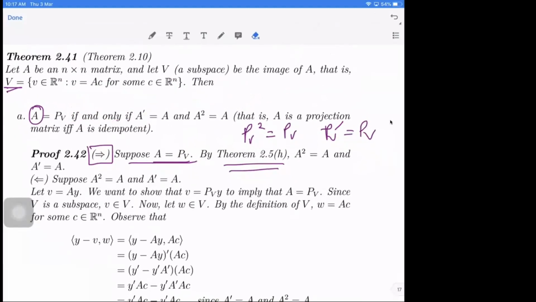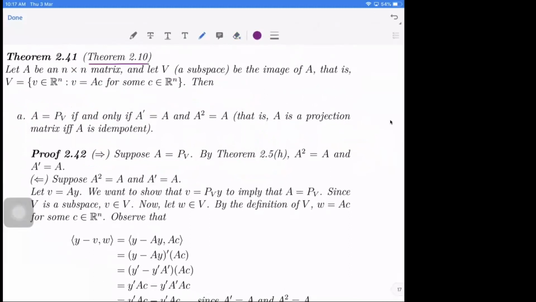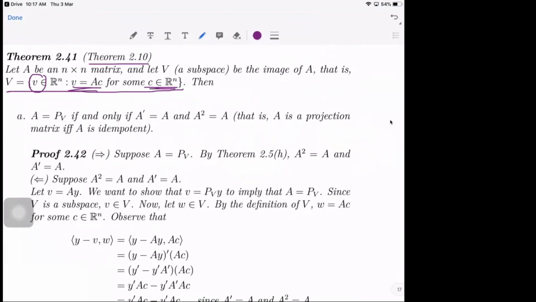Yes, ma'am. Okay, so let me again discuss theorem 2.10 of Arnold. And remember this type of subspace wherein every vector in this space can be written as A times C for some vector C. C here is n by 1, A here is n by n, so your vector in V here is n by 1.